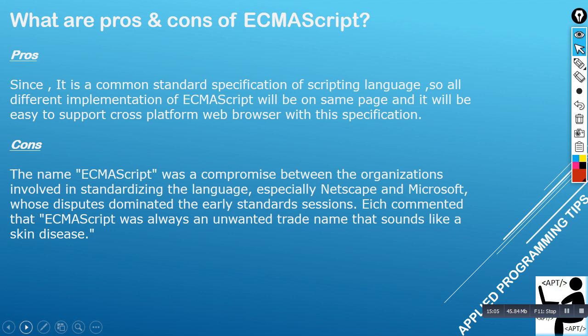Because different organizations are trying to improve or standardize ECMAScript, there are more chances of dispute between them. Microsoft is developing their own thing, Oracle is developing their own thing, and Macromedia is developing their own things. So sometimes they got stuck in dispute. This is the main con of ECMAScript.